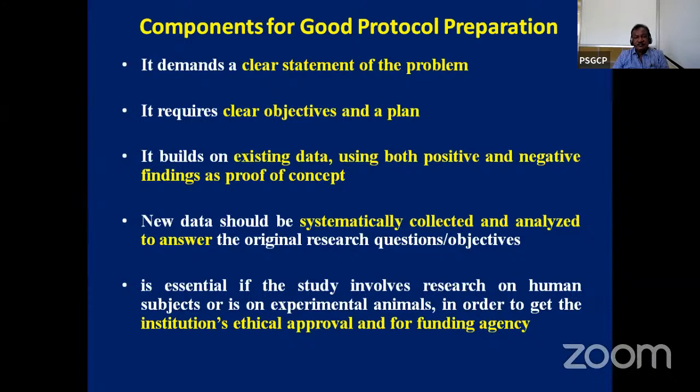But when you go for collaborative work, it is easy to get funding, and convincing the funding agencies is also easy. The new data should be systematically collected and analyzed to answer the original research questions and objectives; when you have that, going for funding is easy.